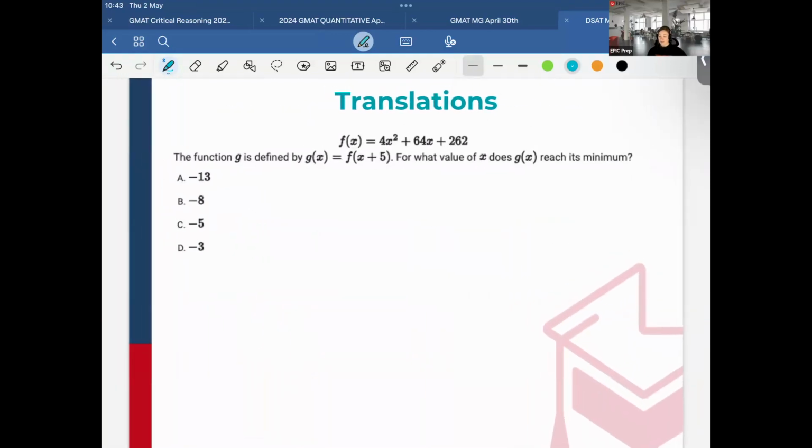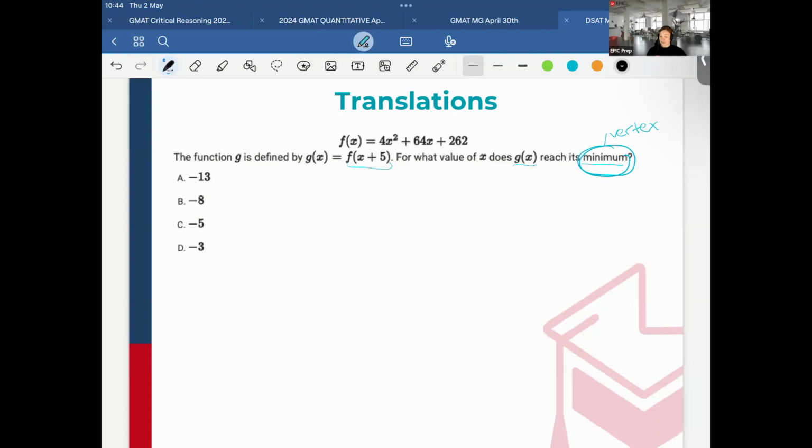This is a classic. So here it's told me the function g is defined by g of x equals f of x plus 5. For which value of x does g of x reach its minimum? So first, it is a quadratic. Remember, if it hits a minimum or maximum, it's basically telling me the vertex of the parabola.